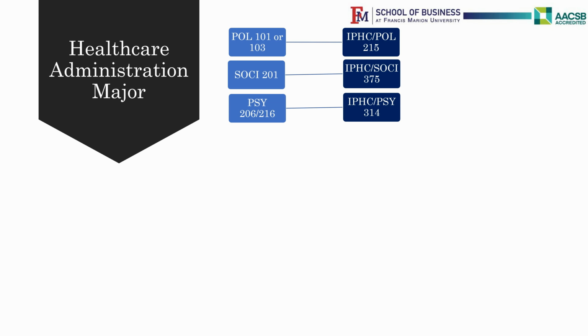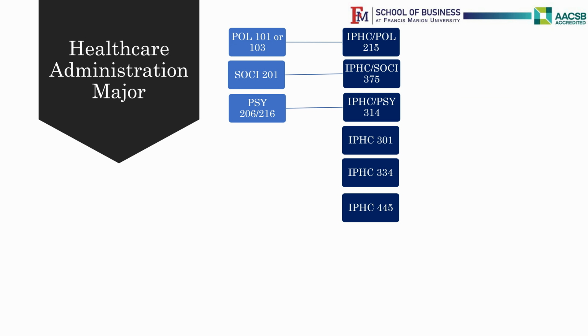Once that is completed, students should take IPHC 215, Introduction to Public Administration, IPHC 375, Sociology of Health and Medicine, IPHC 314, Health Psychology Behavioral Medicine, IPHC 301, Professional Role and Practice, IPHC 334, Research and Practice.